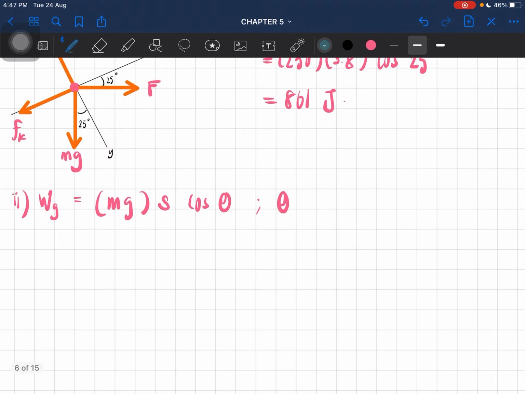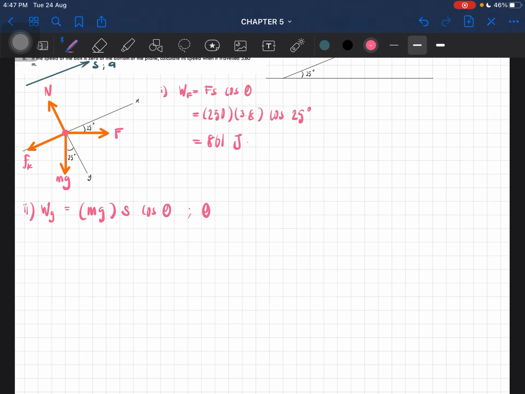So the angle there is 180 plus 90 minus 25, which is equal to, let me check, 245 degrees. Now we have M 29.81 3.8 cos 245 degrees.